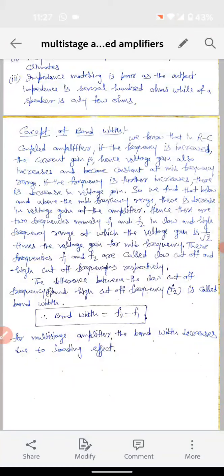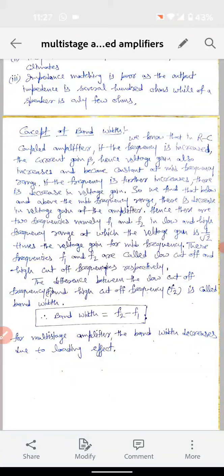This bandwidth can decrease for a multi-stage amplifier due to the loading effect. If we use more than 2 or 3 or 4 stages, the bandwidth will go on shrinking due to the loading effect.